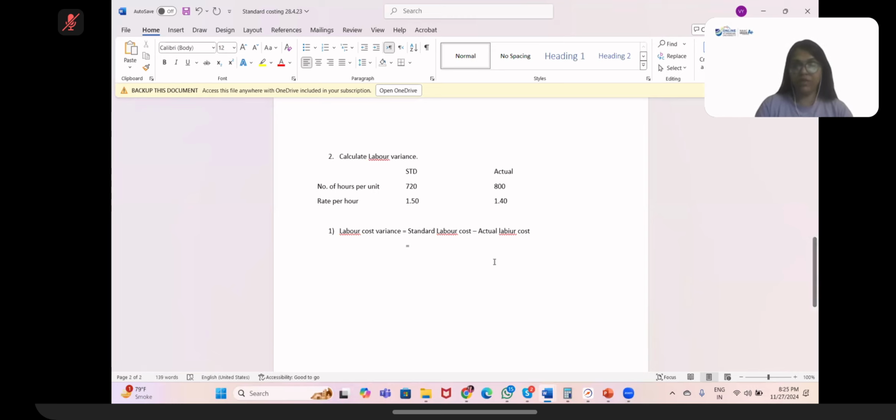Fine. So standard labor cost is equal to 720 into 1.50 minus actual labor cost is 800 into 1.40. So what is the answer that we are getting? It is 1080 minus 1120. Again you are getting a negative answer, that is somewhere around 40.